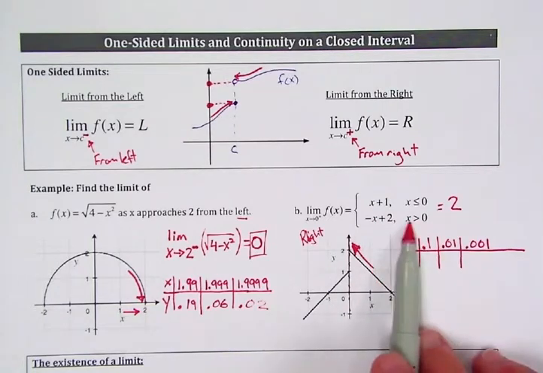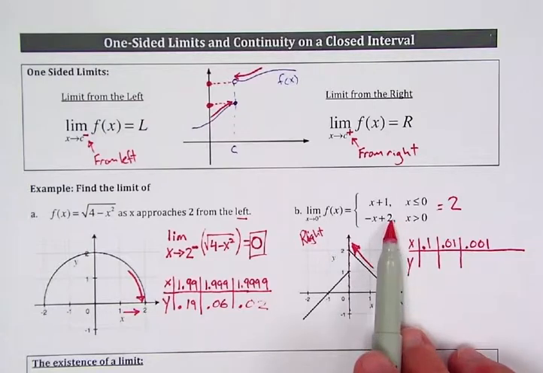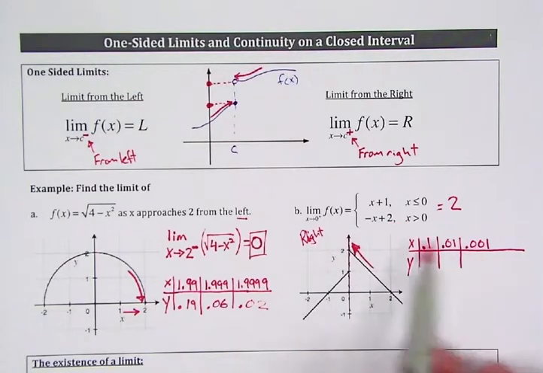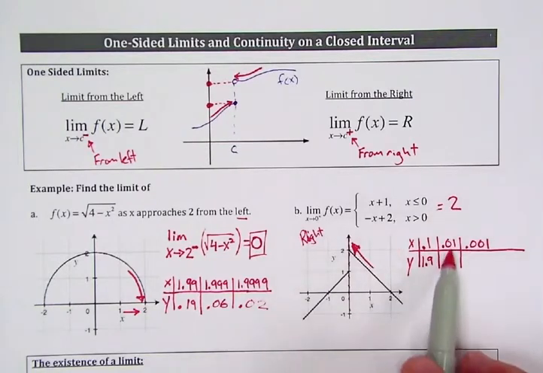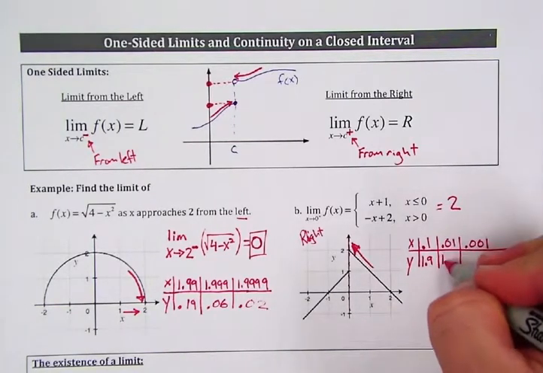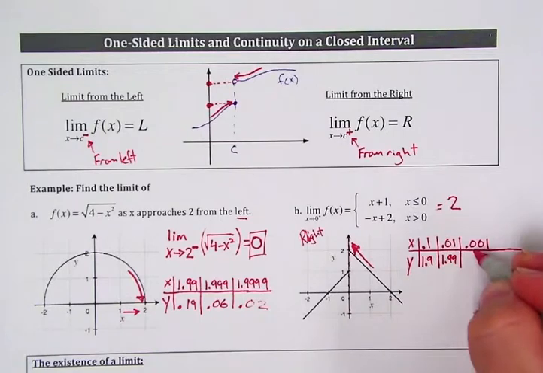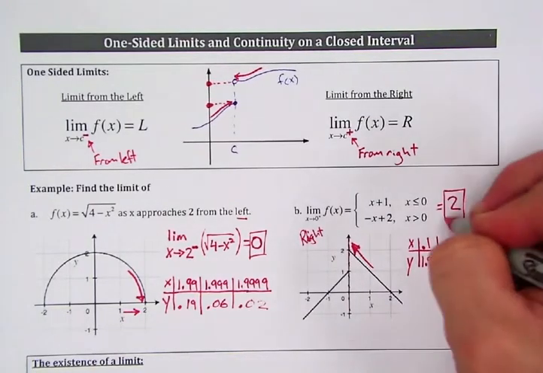We're going to be greater than 0 here. So it's negative x plus 2, so it's really 2 minus whatever we have up here. 2 minus 0.1 is 1.9. 2 minus 0.01 is 1.99. 2 minus 0.001 is 1.999. And you can see that this is going to our value of 2.